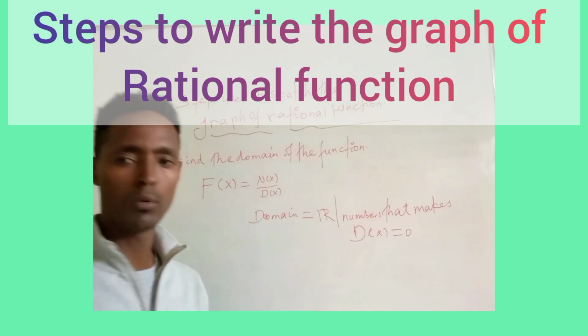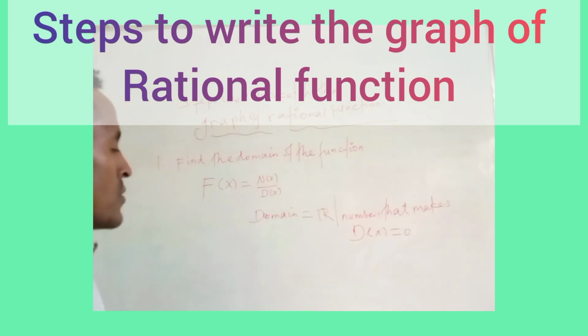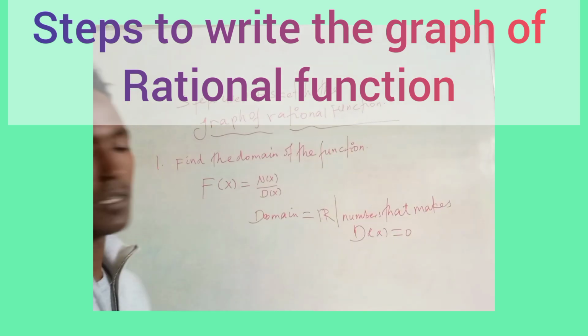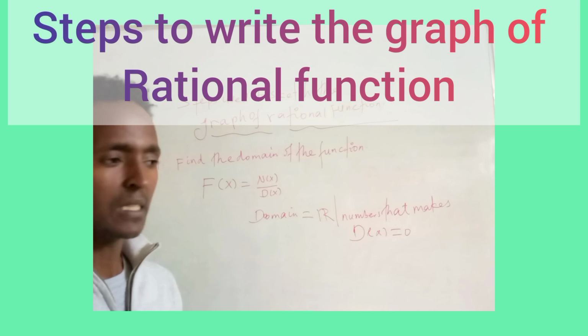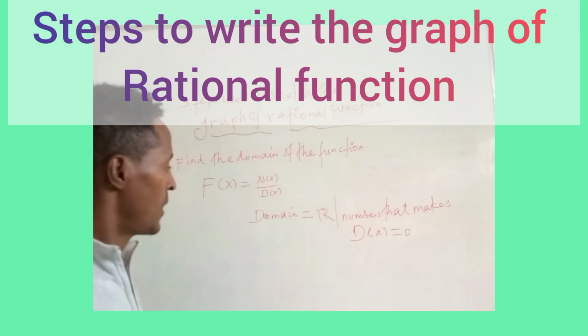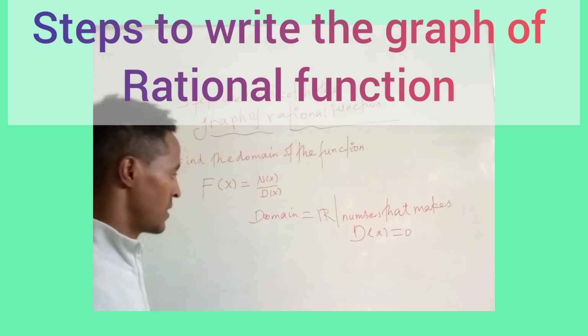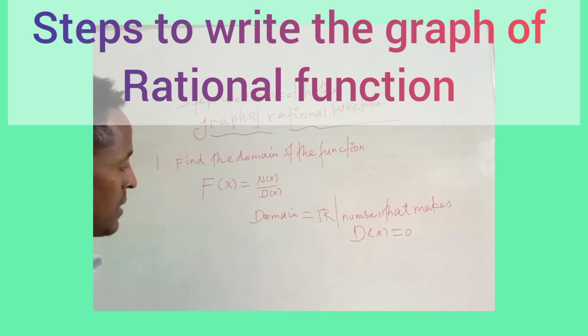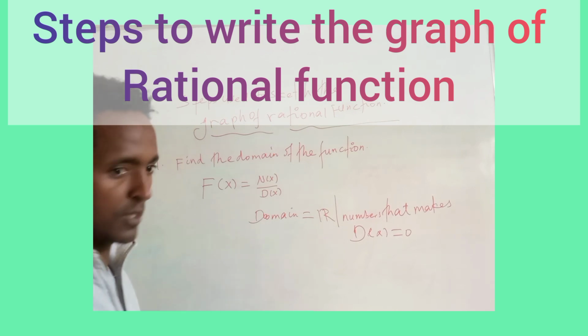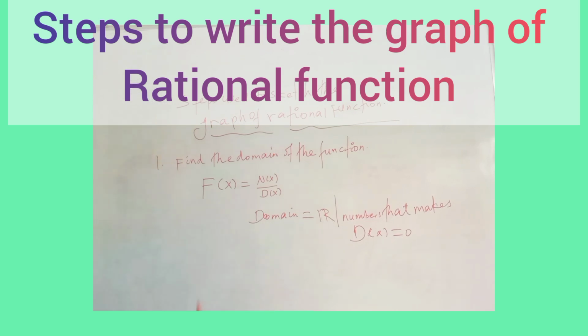So exclude from the real numbers those that make the denominator 0, and the rest is taken as the domain. I will show you this by taking certain examples in the next video. So the first step is just finding the domain.